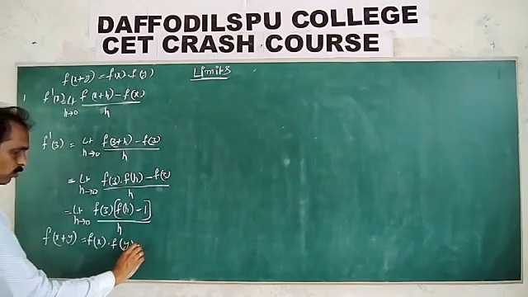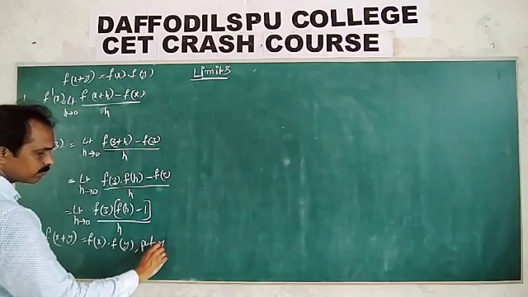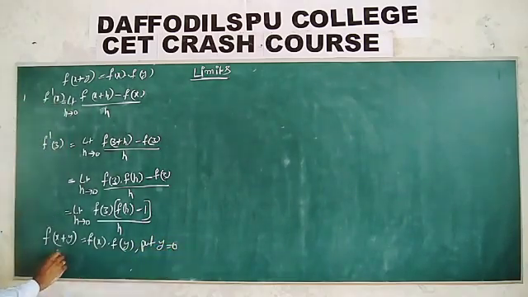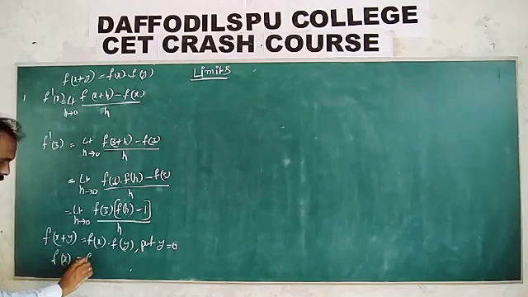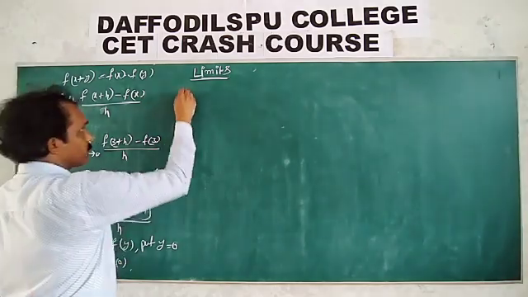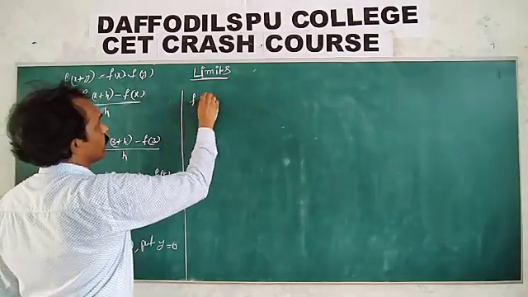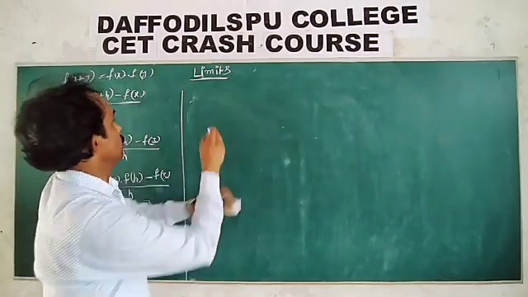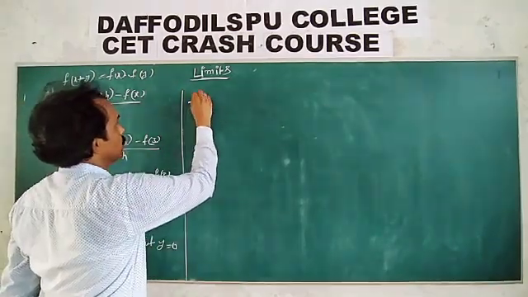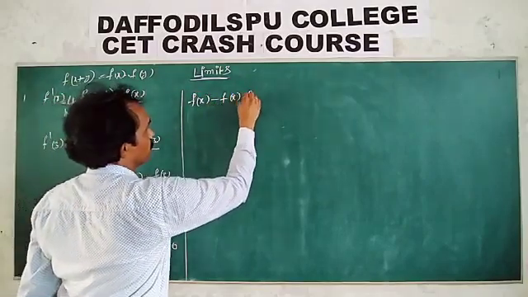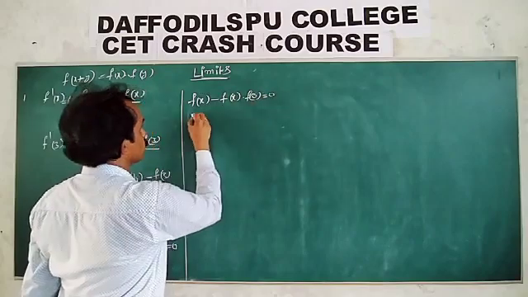From this, f of x plus y is equal to f of x into f of y. Put y is equal to 0. f of x plus 0, f of x, is equal to f of x into f of 0. Take this side: f of x minus f of x into f of 0 is equal to 0.